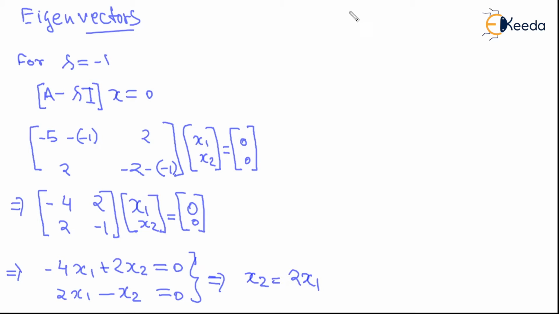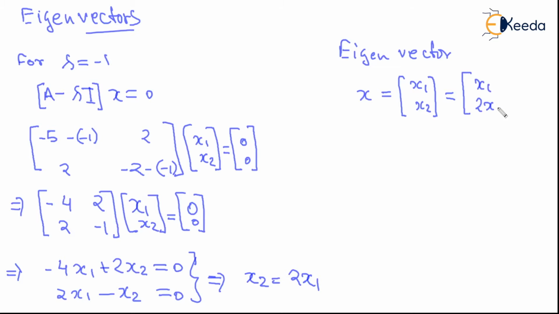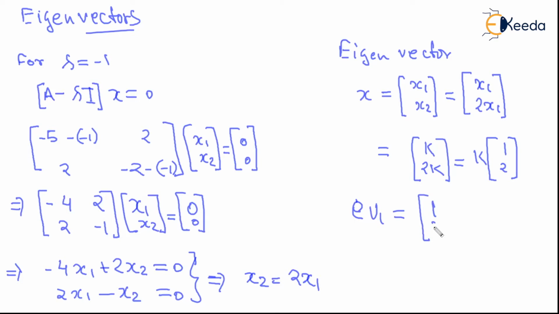So the eigenvector, which is x equal to x1, x2, can be written as x1 and 2x1. Considering this x1 to be scalar, we can write it as k and 2k, and we can take this k outside and write 1 and 2. So we can say the eigenvector, I'll say EV1, is nothing but 1, 2.